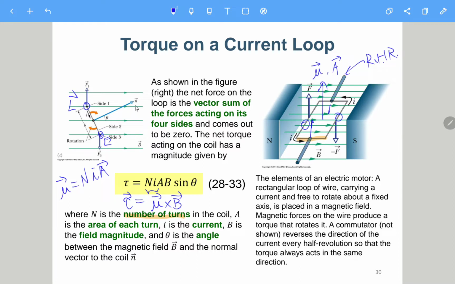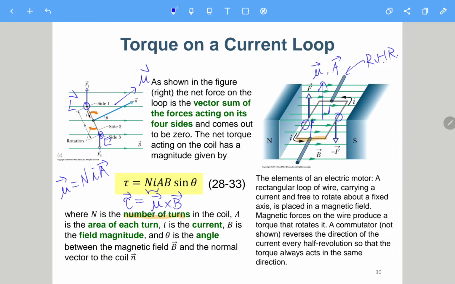So actually, this is the direction of mu. And if you consider mu cross B, mu goes onto this side, and then cross to B. So mu cross B, the top is pointing into the page. So in this case, it is rotating clockwise.